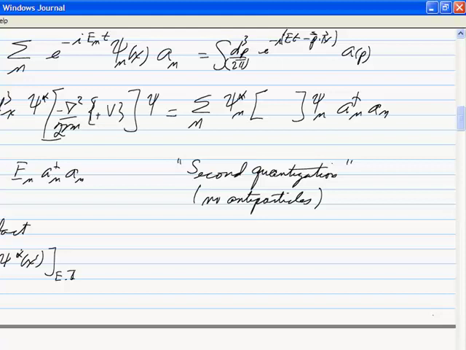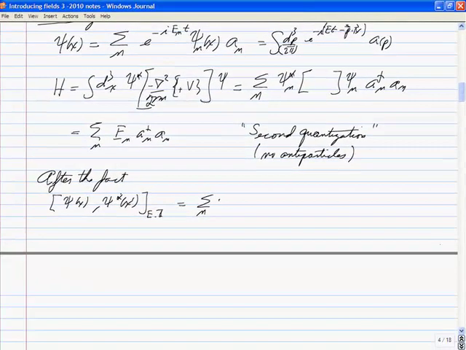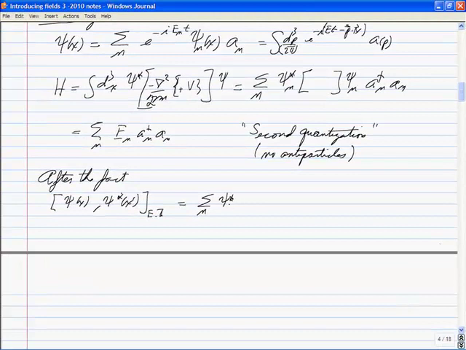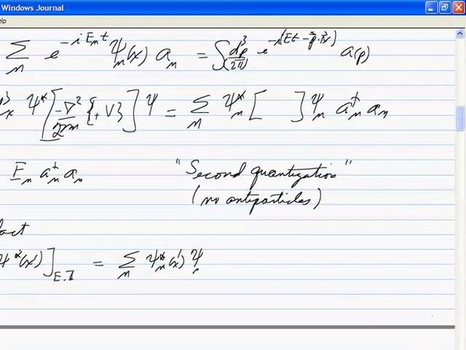At equal times, the time dependence drops out. You can sort of do those guys in your head. It becomes the sum over n of psi star n of x prime psi n of x. Or in the continuum case, it's the integral d3p over 2 pi cubed e to the i p vector dot (x minus x prime).